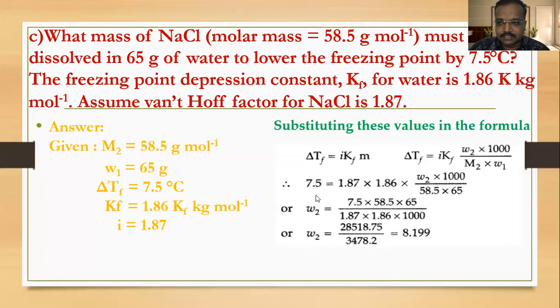Either it is Celsius or Kelvin, it is not going to affect. Then we have i value 1.87, then Kf is 1.86, and W2 we do not know. That is what we are going to find, into 1000 divided by 58.5 into 65.